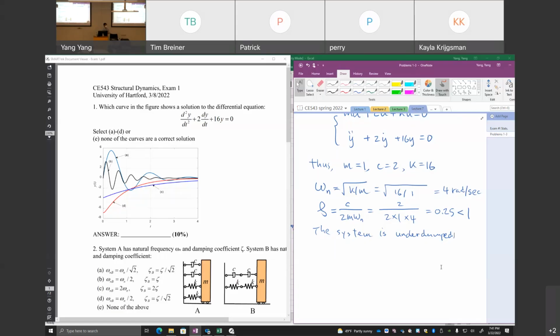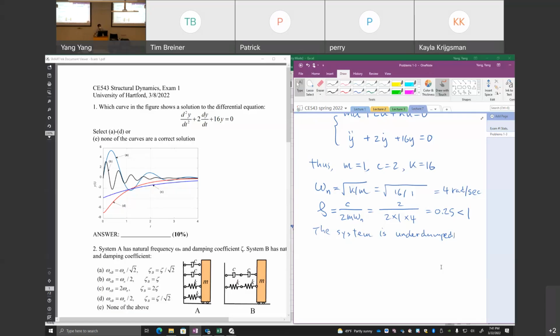Yes, Hunter? I took all the same steps up to this point, but on my exam you wrote, should omega D be calculated instead? Correct. Up to here, we can say either A or B. But whether it's A or B, we need to do more calculations here.